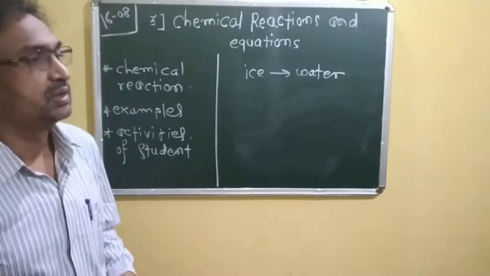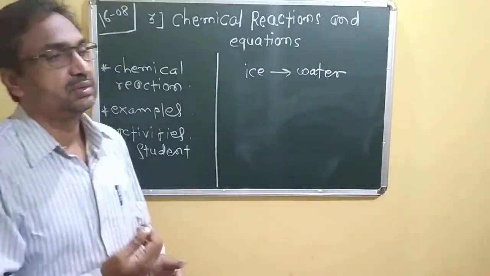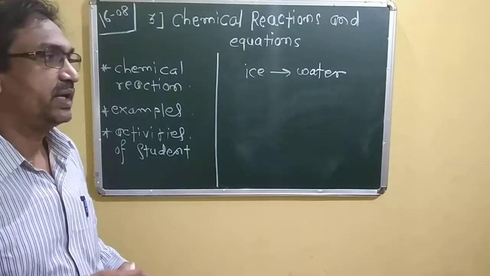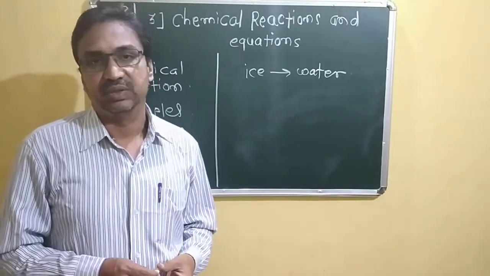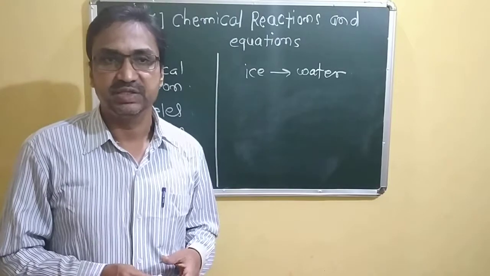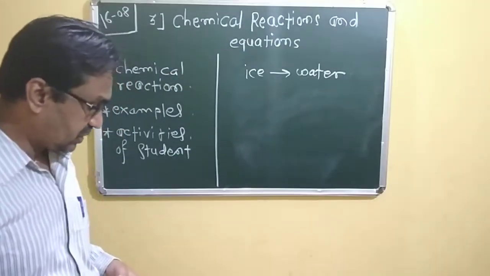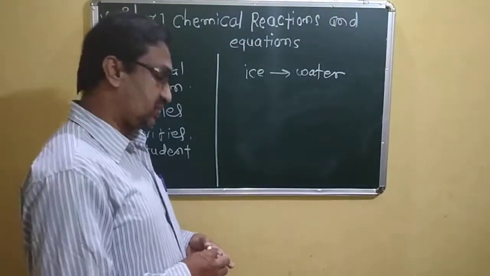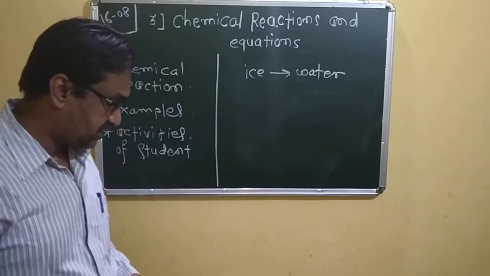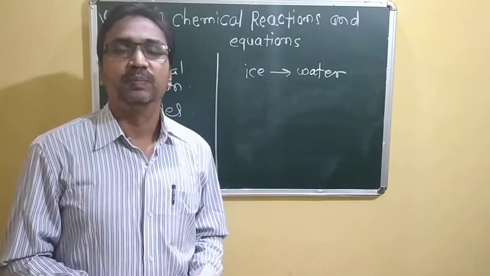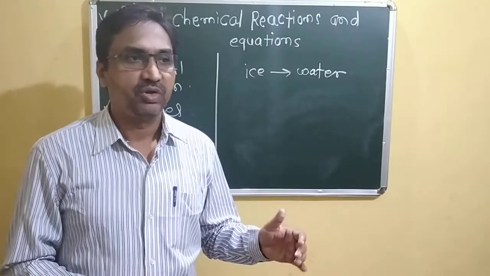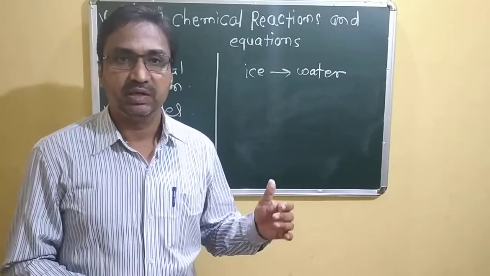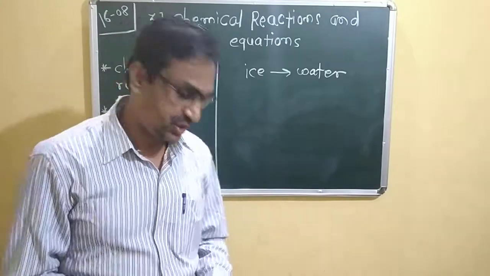If a mango is ripened, we cannot obtain the original one that we have seen. So ripening of fruit is also a chemical change. Milk turns into curd. After that, we cannot regain milk from the curd. So it is a chemical change.